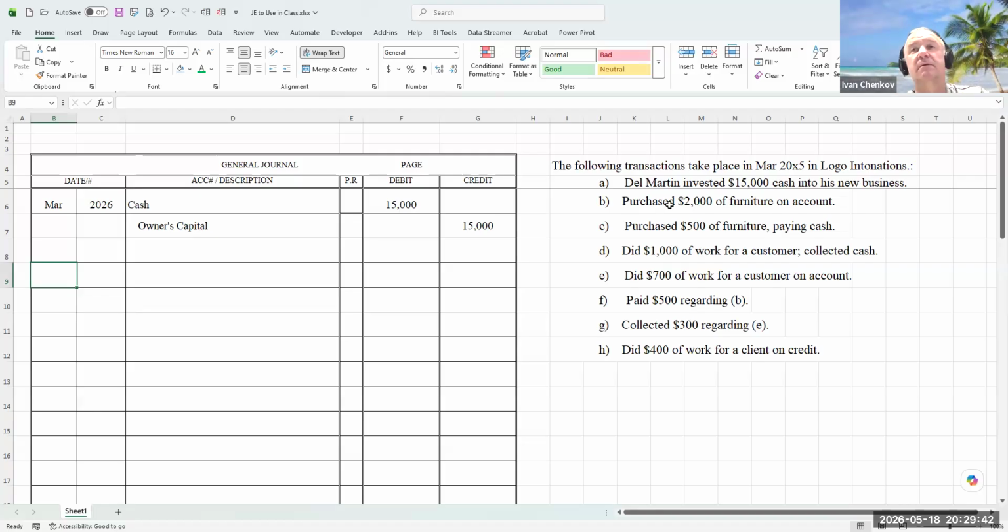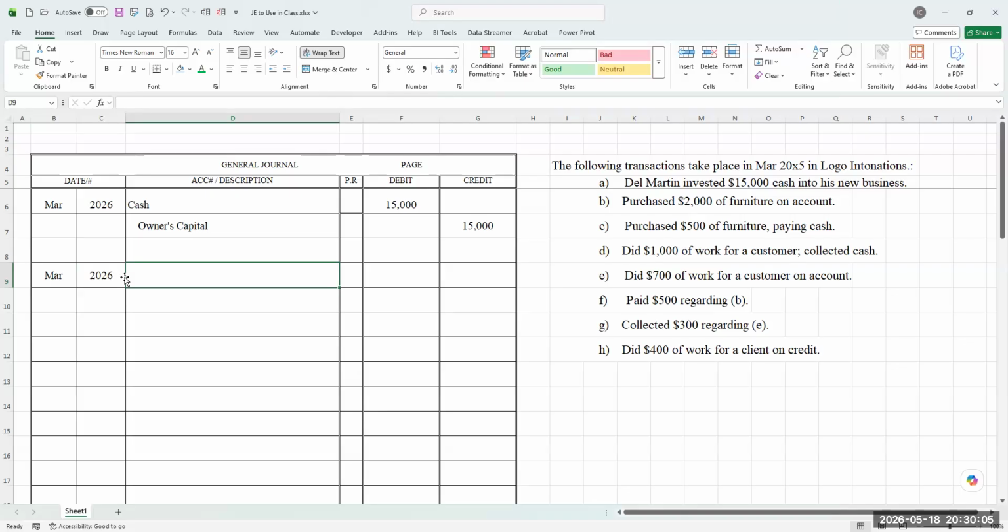Now he purchased $2,000 of furniture on account. So with the $2,000, we have to find two accounts involved. What does the business get? Again, still March 2026. What does the business get when he purchased the furniture? Assets. What kind of assets? Be specific now. Furniture.